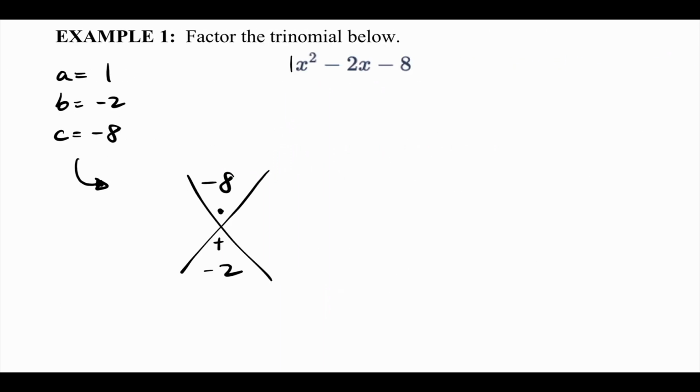So we get negative 1 times positive 8. Negative 2 times positive 4. Then you got negative 8 times positive 1. Negative 4 times positive 2, right? All of those make negative 8. Well, which one of them also adds up to be negative 2?